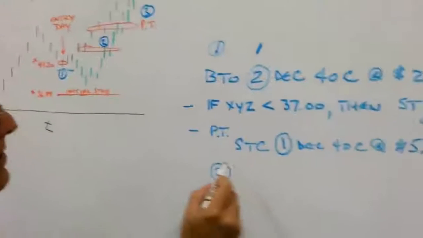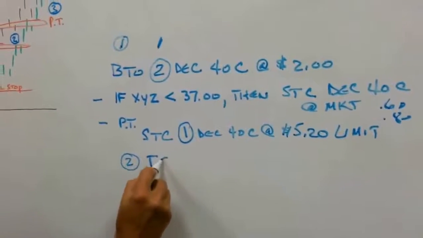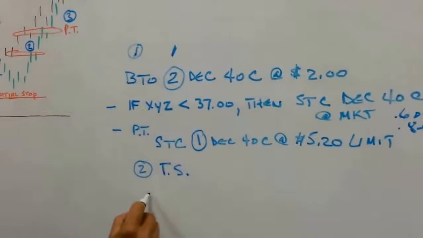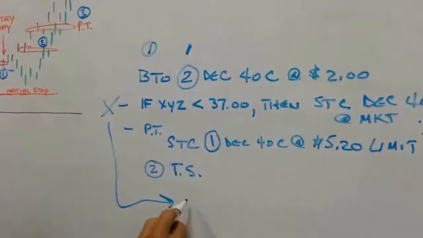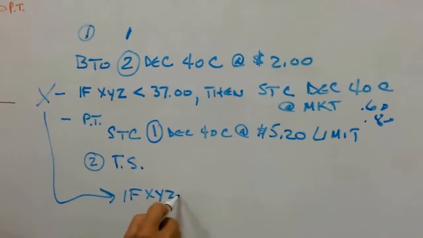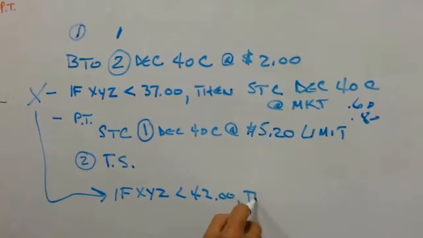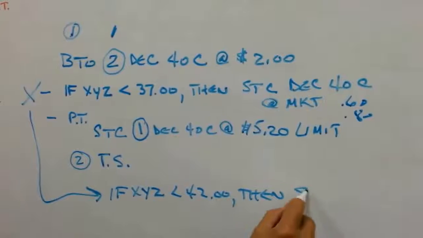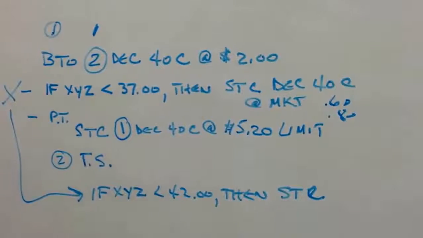we're going to move the trailing stop by changing this order right here to if XYZ is less than 42, then sell to close our December 40 call.